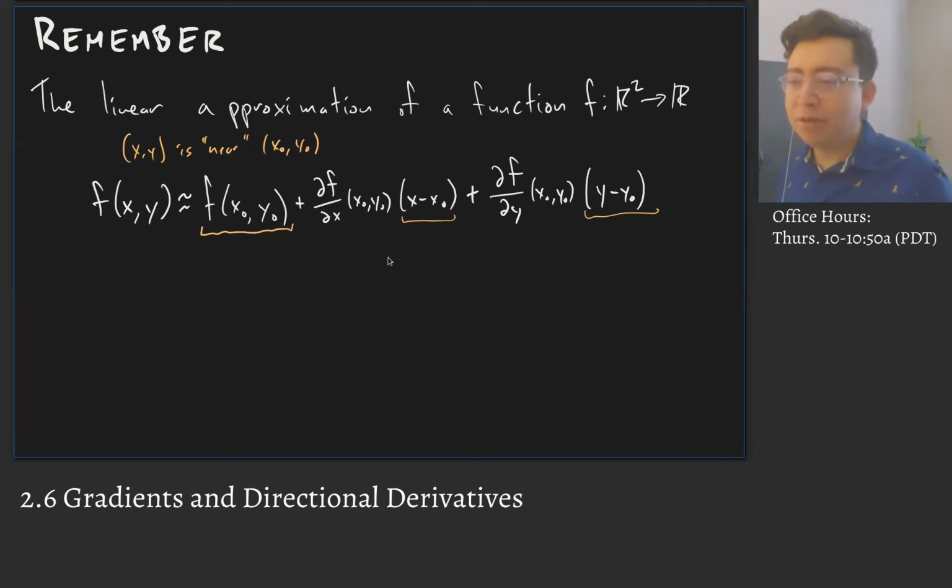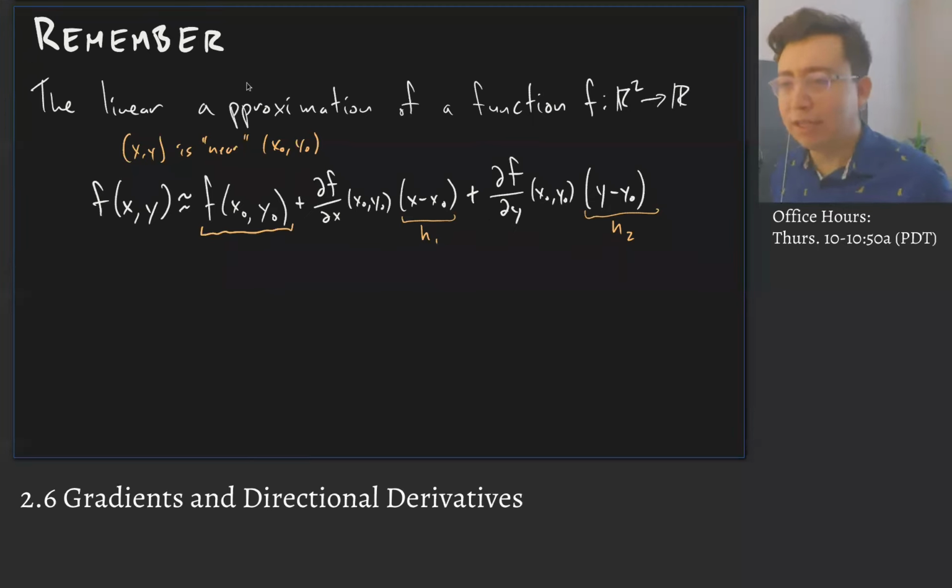So I'm going to do a little bit of manipulation here. I'm going to give these some names. I'm going to call this h1, and this is going to be h2. So x minus x naught is h1, and y minus y naught is h2. Now, this is going to seem random, like why is he doing this? But I'm doing it mostly because this is the notation we're going to use when we start talking about Taylor approximations.